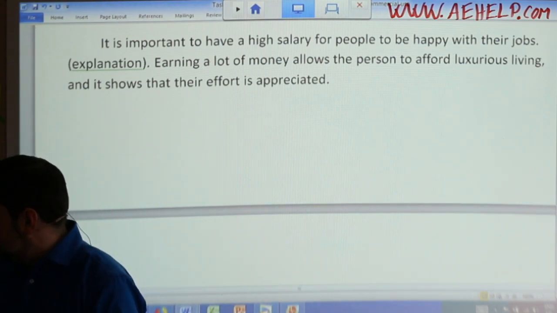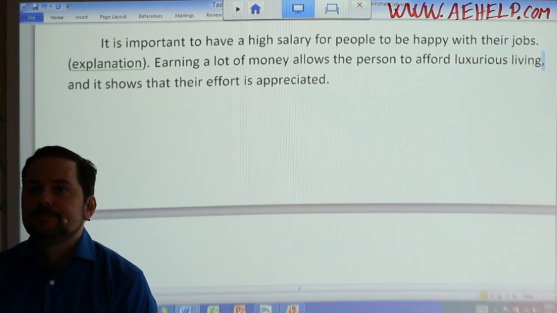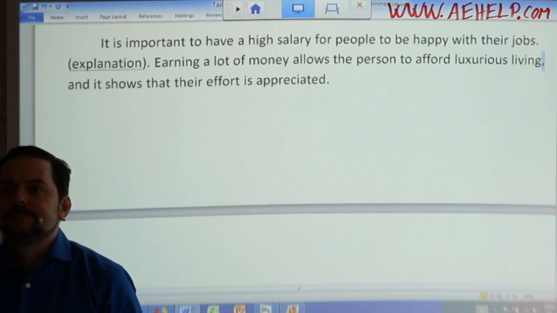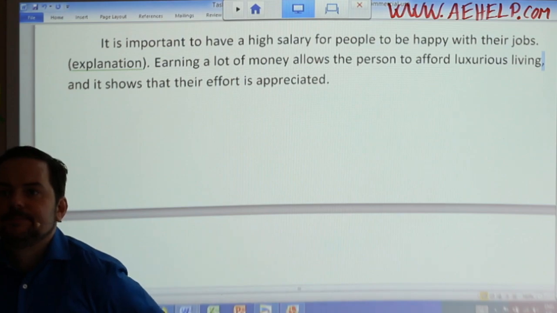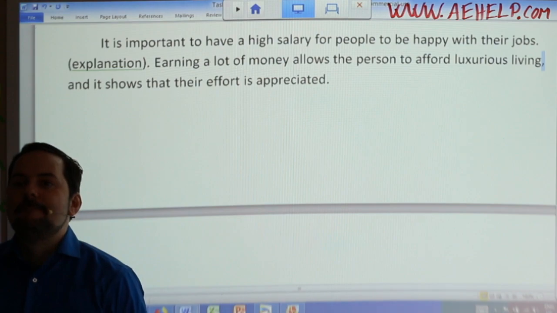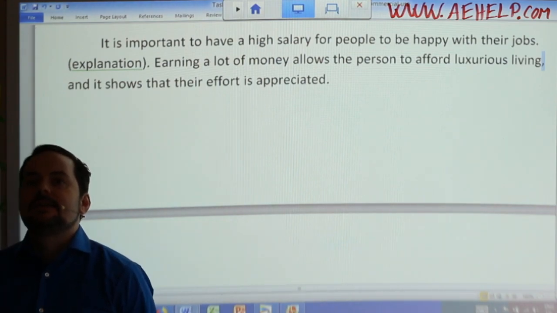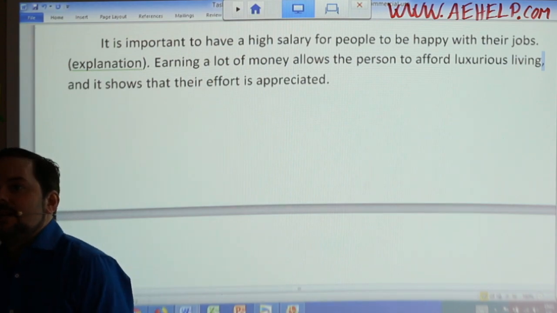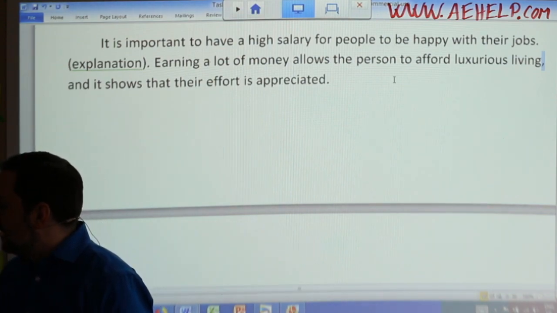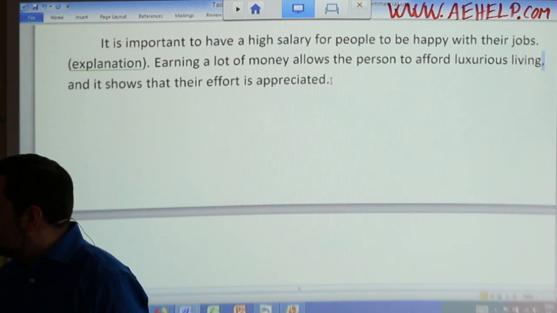So why do I need this comma? Because it's a compound sentence. That's right, Abu Derbala. You're correct. It's a compound sentence. I'm joining two sentences together. Okay? It shows that their effort is appreciated, is a full sentence. So it is a compound sentence, and I need the comma. That's right.